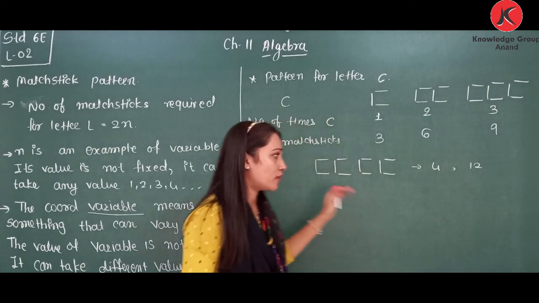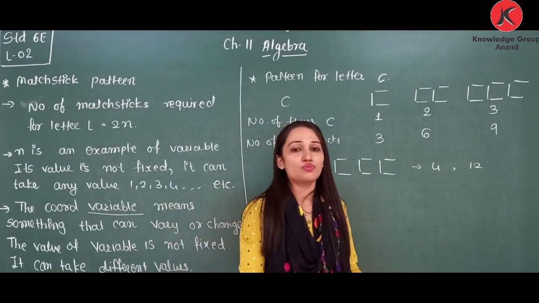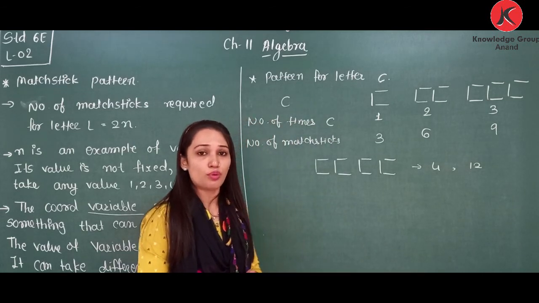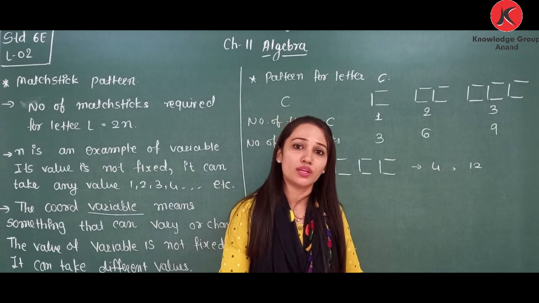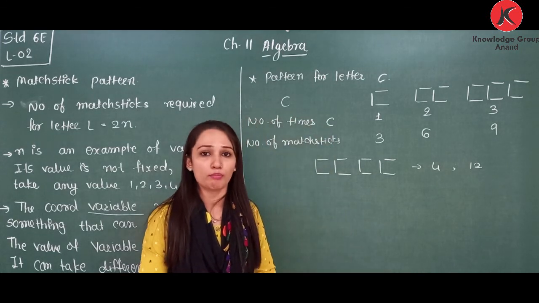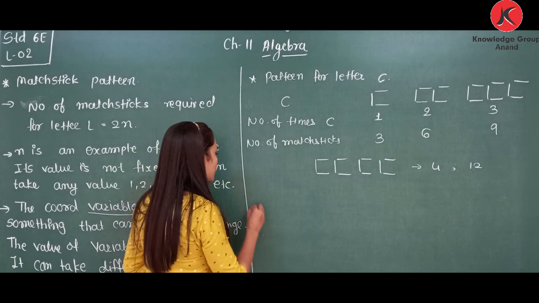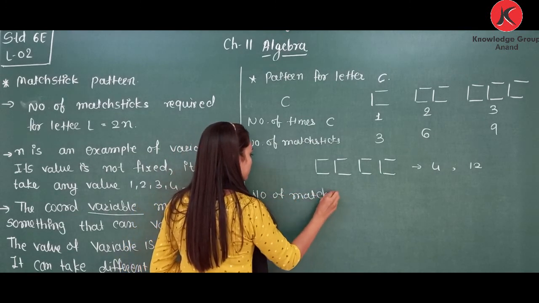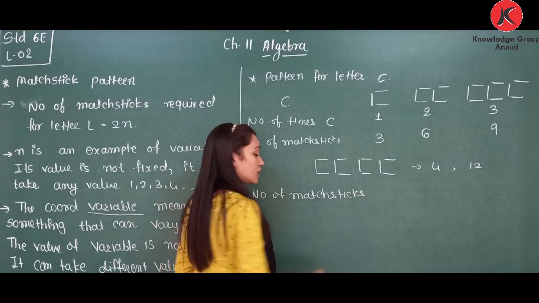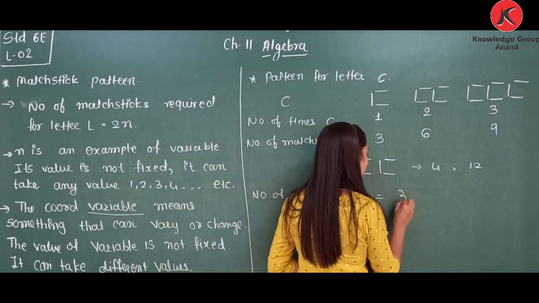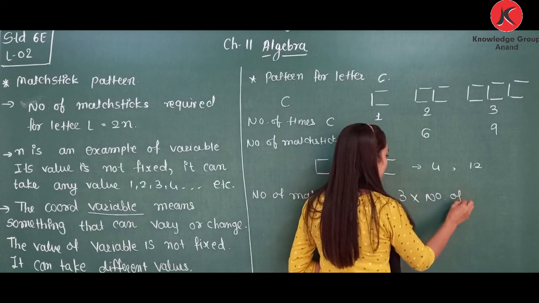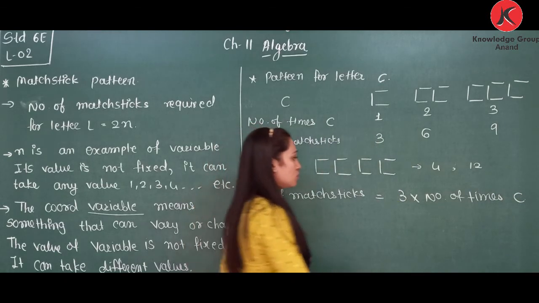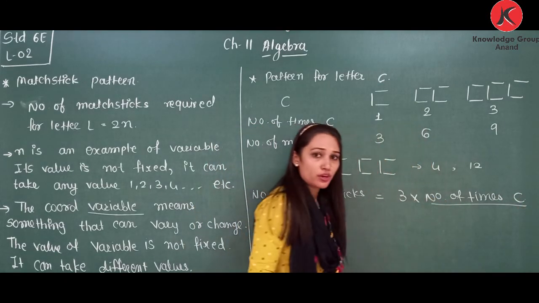Same, if we want to write the next pattern, for 5 times we need 15 matchsticks. For 6 times we need 18 matchsticks. So whatever number of times C appears, we need to multiply it by 3 to find the number of matchsticks. So we can write in general, the number of matchsticks required is equal to 3 multiplied by the number of times C appears. The number of times C appears can change for different examples.